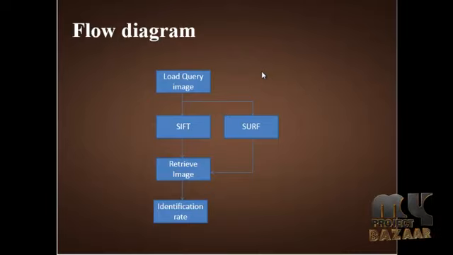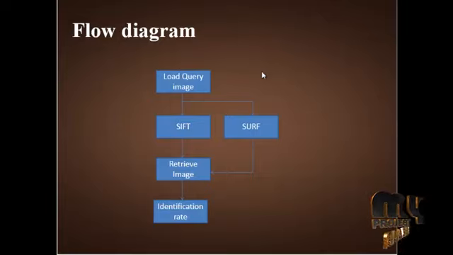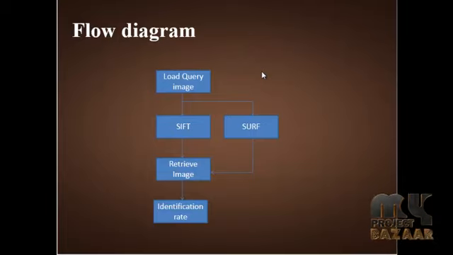That pre-processed image becomes the loaded query image, which goes to the SIFT algorithm or the SURF algorithm, according to the user's specification. SIFT and SURF extract the descriptor points for the loaded query image, and after that, the SIFT descriptor points are generated for the database image.